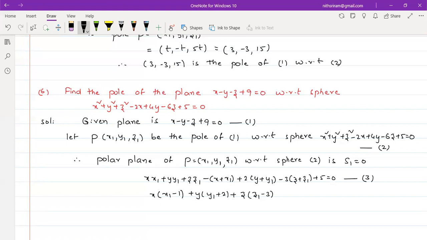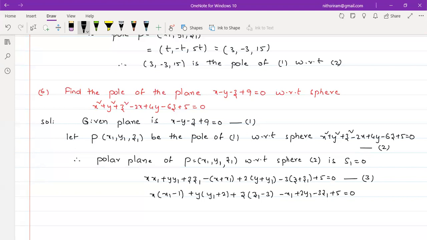Whatever terms remain in the above equation, the third equation, are all constants. So the constants we are left with are minus x1, plus 2y1, minus 3z1, and finally plus 5. These remaining terms together equal 0.